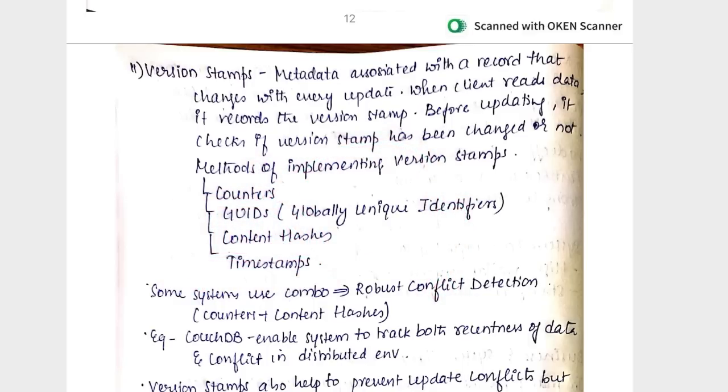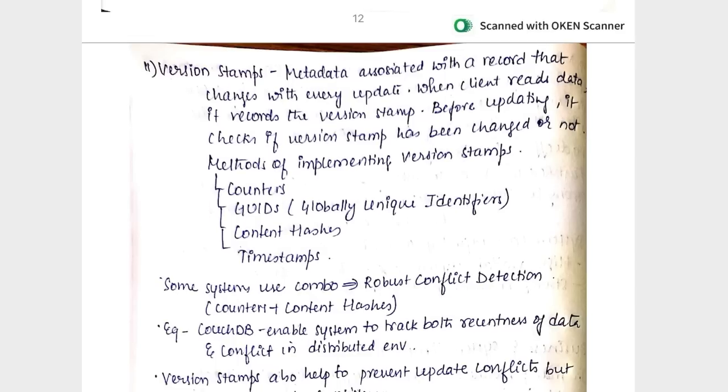A hash of the resource's data is used to uniquely identify the version of the resource. This is deterministic, that is, the same resource always generates the same hash. But there is a drawback for GUIDs and for content hashes: they cannot be used to track the sequence of changes, or the order of updates. That is the drawback of these two.